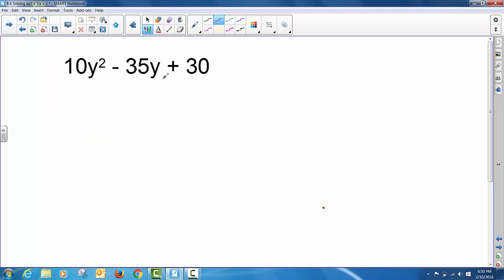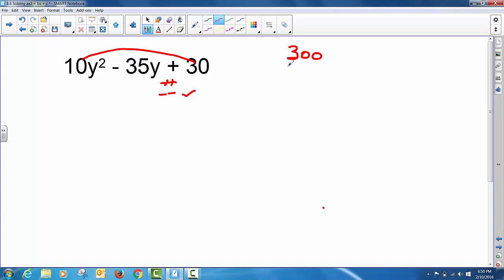Okay, this one has a plus plus or a minus minus because of that sign right there. This sign tells you that it's going to be minus minus. So we go 10 times 30 and we get 300. And we want factors of 300 that add up to 35.